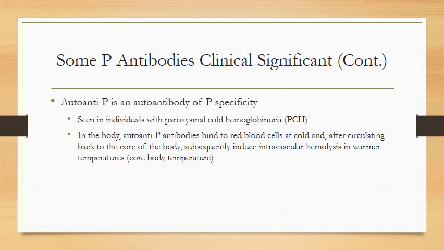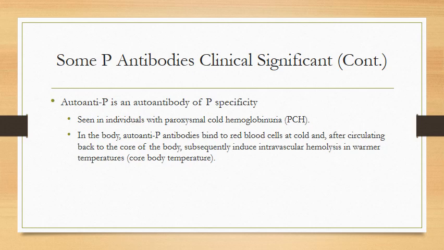The last antibody I'm going to talk about is auto anti-P. It's an autoantibody of P specificity. It is seen in individuals with paroxysmal cold hemoglobinuria, or PCH.